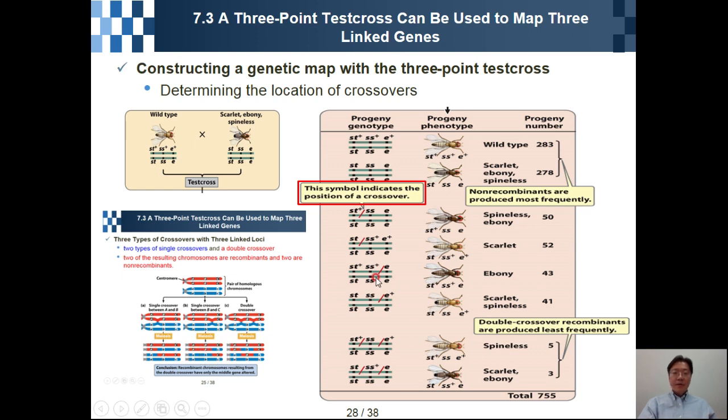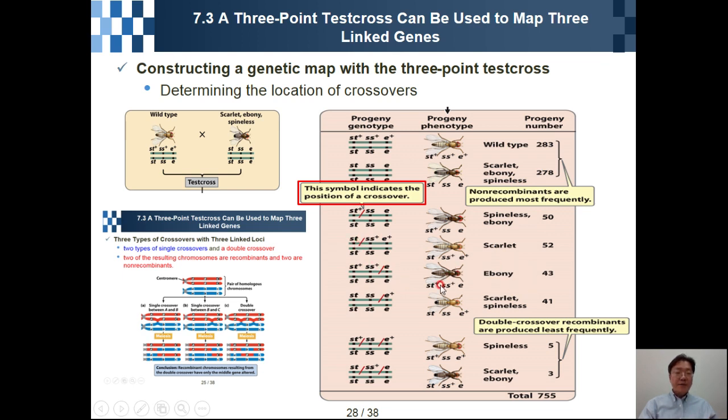So when we compare with the non-recombinant progeny, this one only has one phenotype that is different. The different phenotype is the scarlet. When we compare this one with the wild type, the only difference is scarlet. So it means that between the scarlet and the spineless, there was a single crossover.